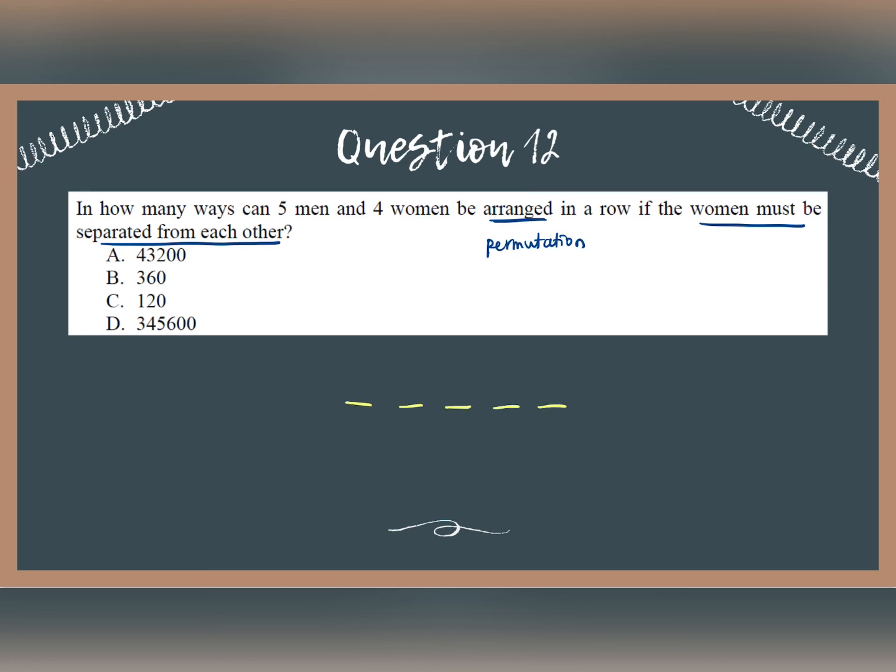Places for men, so it will be 5 factorial. And then how many women? 4. But where can the women sit? Women can be seated here. 1, 2, 3, 4, 5, 6. So there are 6 places for 4 women to sit. Okay, so 5 factorial we multiply by 6 P4. So it will be 43200. So the answer is A.